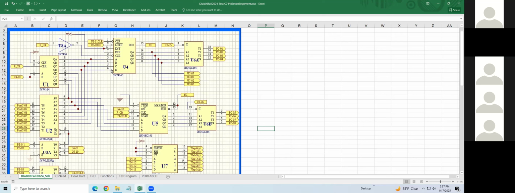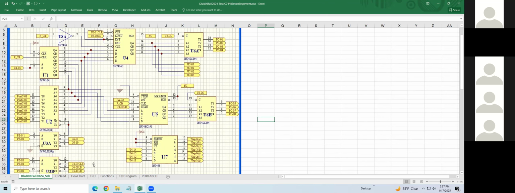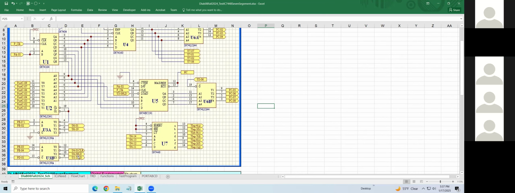And the second thing, load pin number 9 must be 0. If it's not 0, you go back to U3 pin 10. U3 pin 10 here. Mm-hmm. It has to be 0.